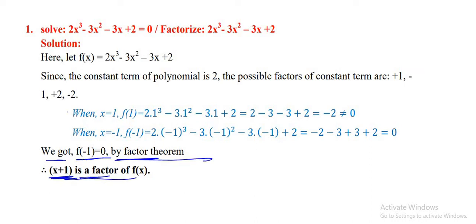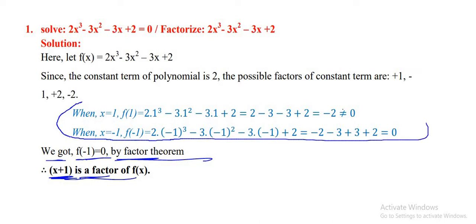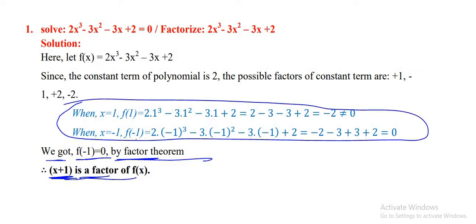So my dear students, I have found in most of the solutions you haven't written this part of the solution, and some students even forget to write the factor theorem here. You must write and show this part of the solution, as well as write by the factor theorem. Without the factor theorem, we can't claim that if f of minus 1 equals 0, x plus 1 is a factor of f of x.